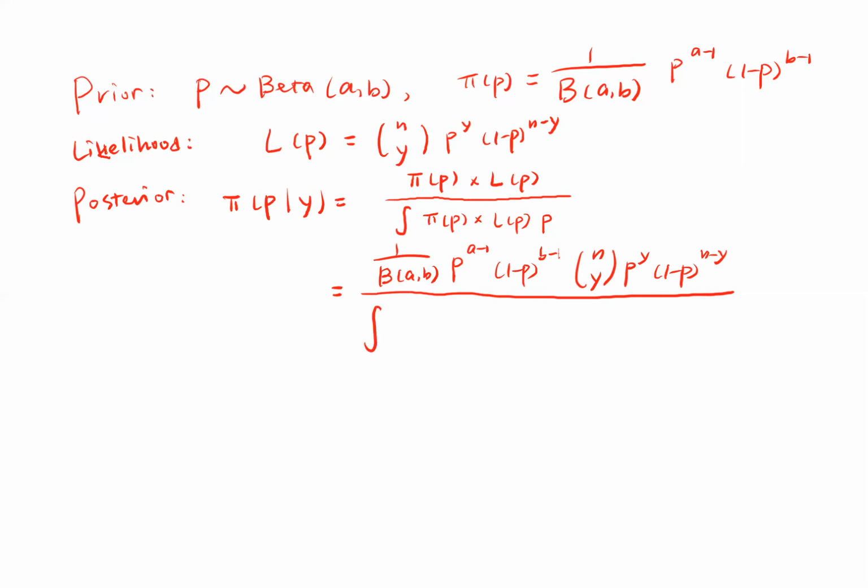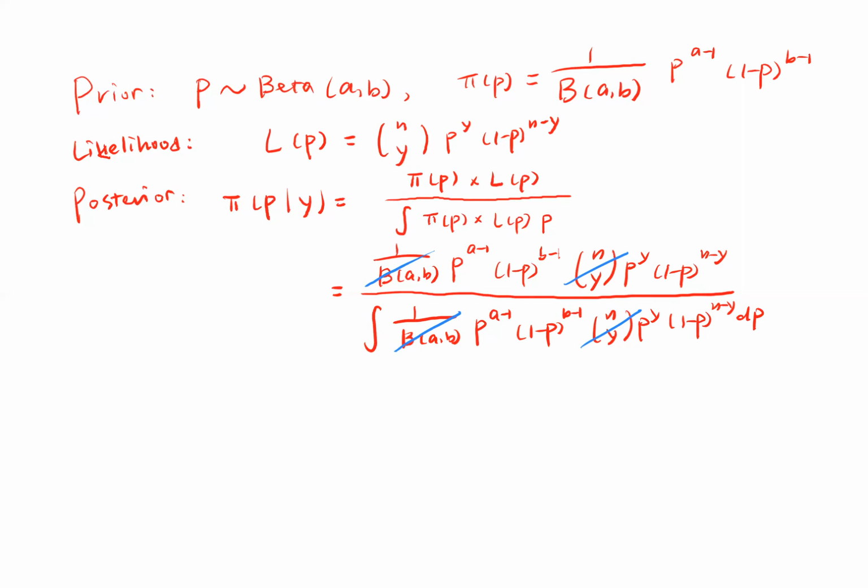So we're going to have the integration sign, B(a, b), minus 1, and then dP. So immediately we can see that some of the constants can be canceled out. So this is again different from what we did earlier. Earlier, when we were using the proportional sign, only caring about the numerator, we threw away those constants because they can go into the proportional sign.